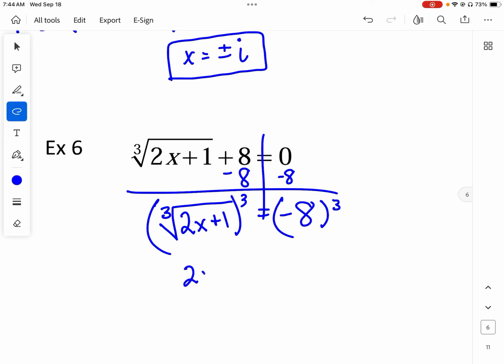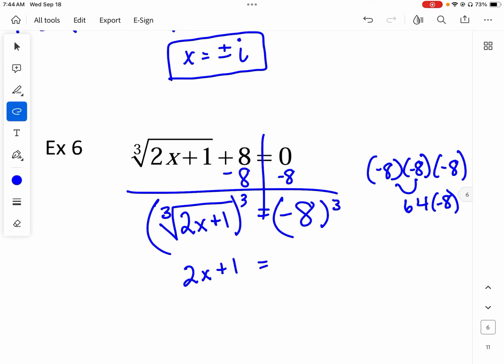So this is now 2x plus 1 equals -8 cubed. So that means -8 times -8 times -8. So this is 64 times -8. So we would multiply that, and we get -512.